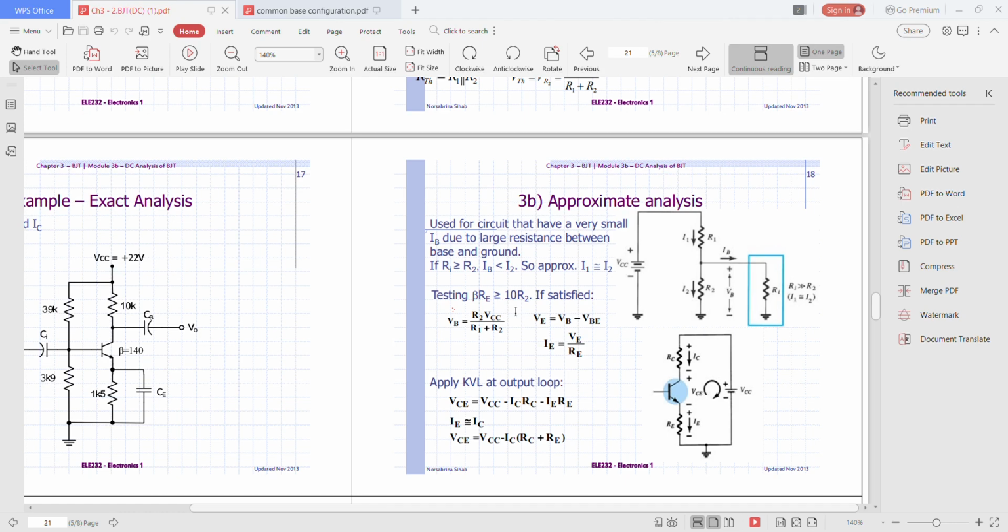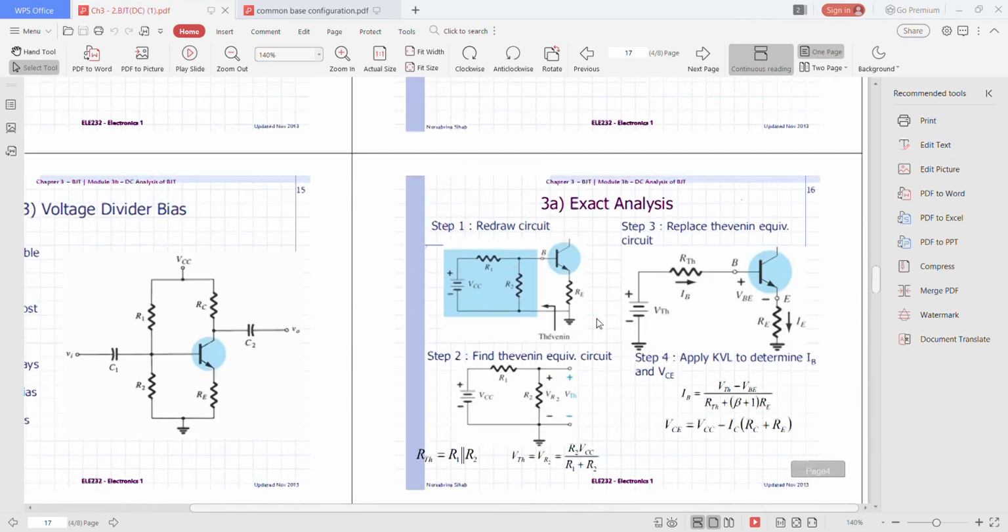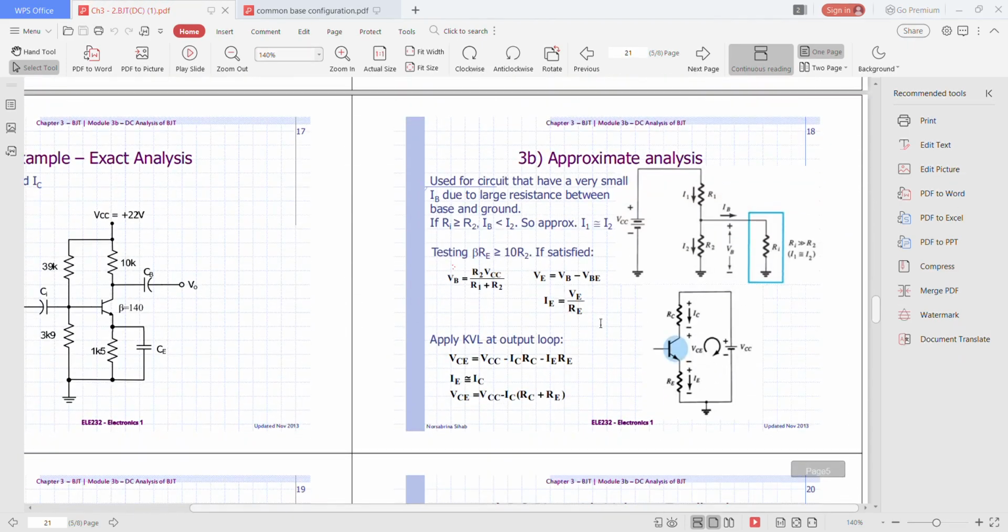If it is satisfied, meaning beta RE is greater than or equal to 10R2, then you can use the approximate analysis. But if beta RE is less than 10R2, you have to do the exact analysis. So in this case, if it is satisfied, you can use the approximate analysis.